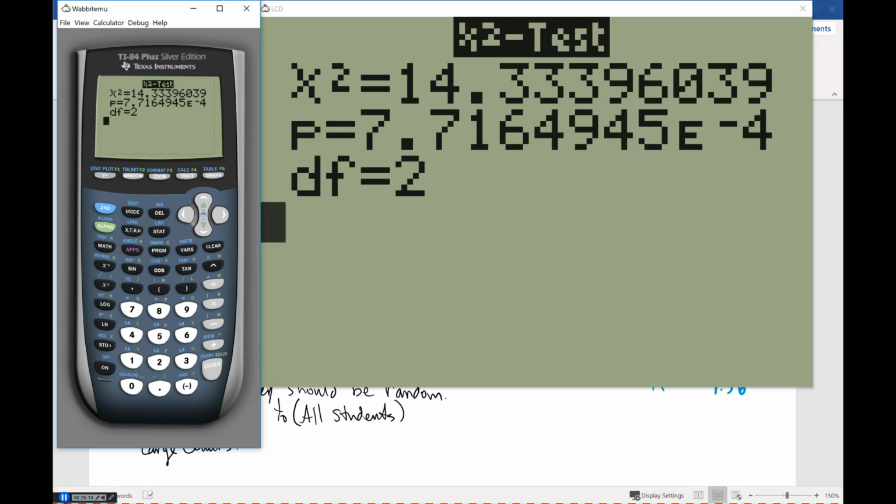What again is my p-value on this one? Beware of this. It's a really small value. Don't forget to look over here to the far right. You can't have a p-value over 1, so we know that the p-value could not be 7.7. Okay, so 0.0007 is my p-value with 2 degrees of freedom.